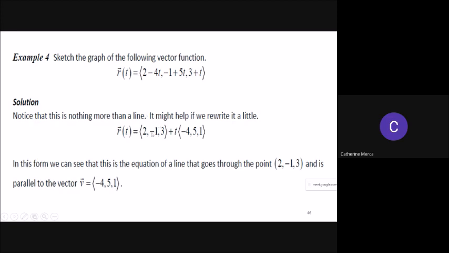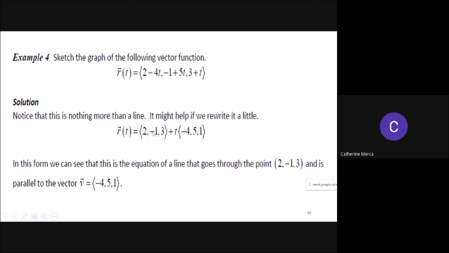Line lang siya. R of t, you have <2, negative 1, 3> plus t times the vector <negative 4, 5, 1>. So from here, you can write it as such.